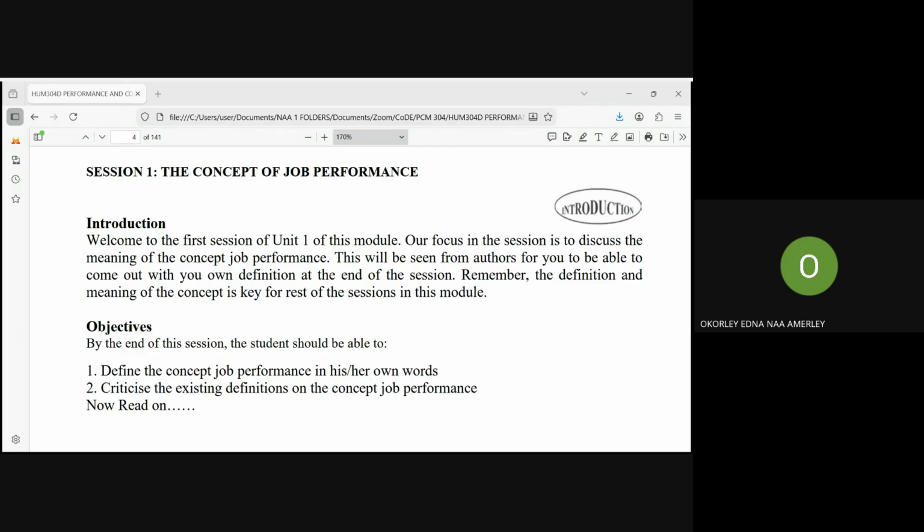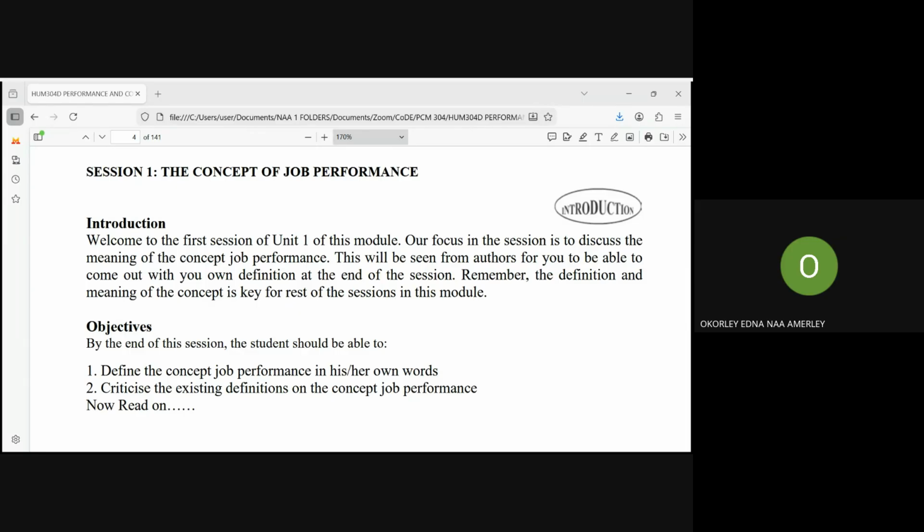At the end of this session 1, you should be able to define the concept of job performance in your own words. And if there are other existing definitions that you come across, either on the internet or in other books, you can now criticize them, because after we have discussed, you should be able to come up with your own definition or understanding of job performance.